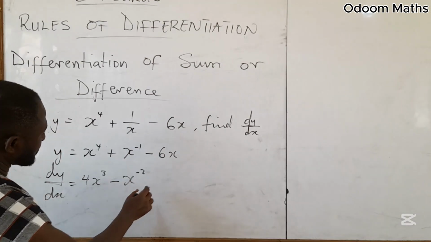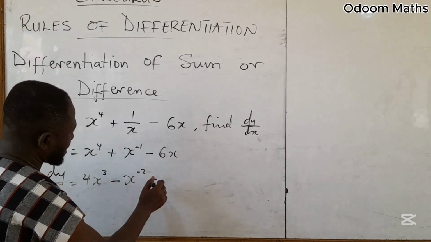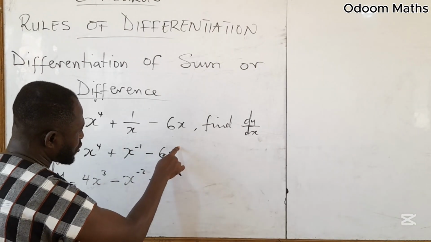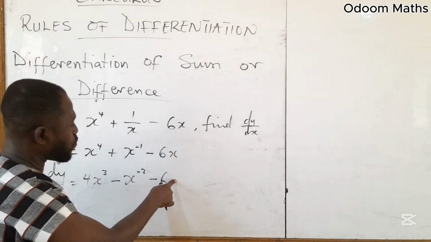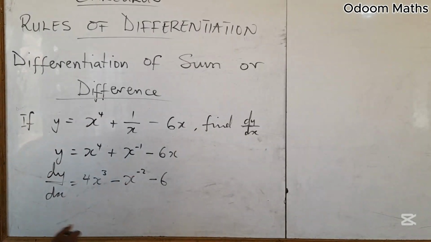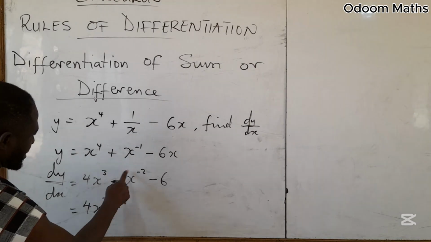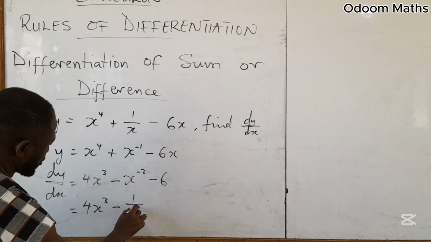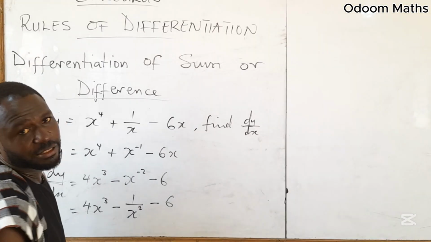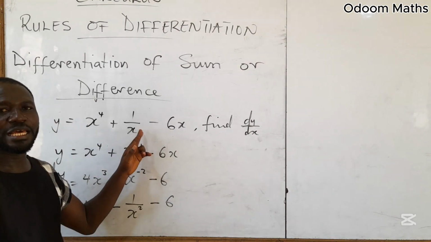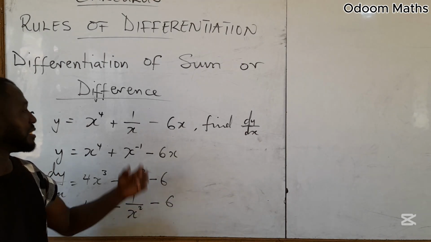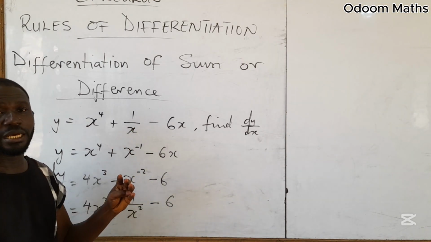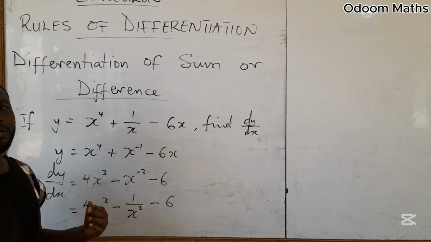And then minus 1 times 6, when you subtract 1 from the power we get x to the power 0, and x to the power 0 is 1. 1 times 6 is negative 6. So the final answer here becomes 4x cubed minus 1 over x squared, then minus 6. When you go to the other side of calculus, that is integration, there is a simple rule also there. When you go there, I will explain those things to you.